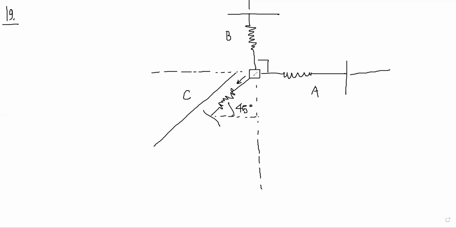We have pushed it slightly along this by some slight distance, let's say x. So my particle is now at the position minus x by root 2 comma minus x by root 2, because of cos 45 and sine 45.